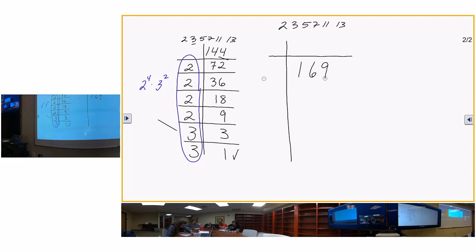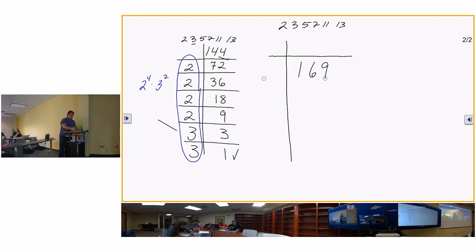Now be careful here, because you need to think about it. Think about your multiplication tables and your 1 times 1 is 1, 2 times 2 is 4, 3 times 3 is 9. Will any of those give you 169?